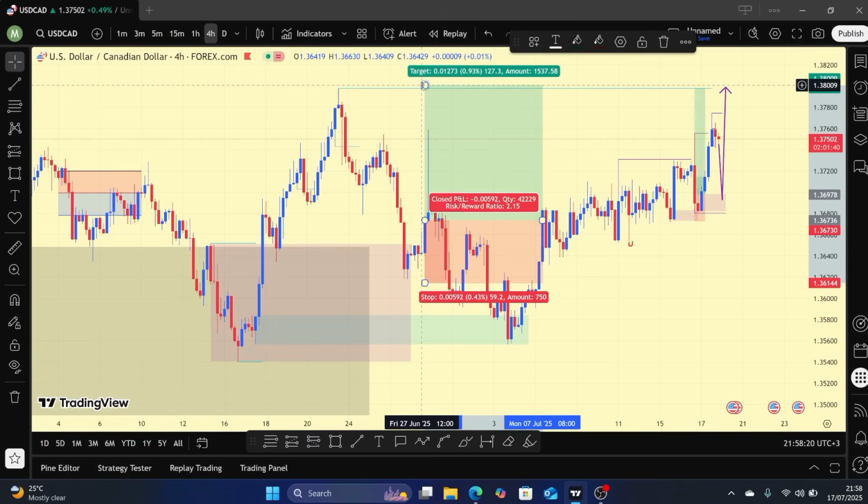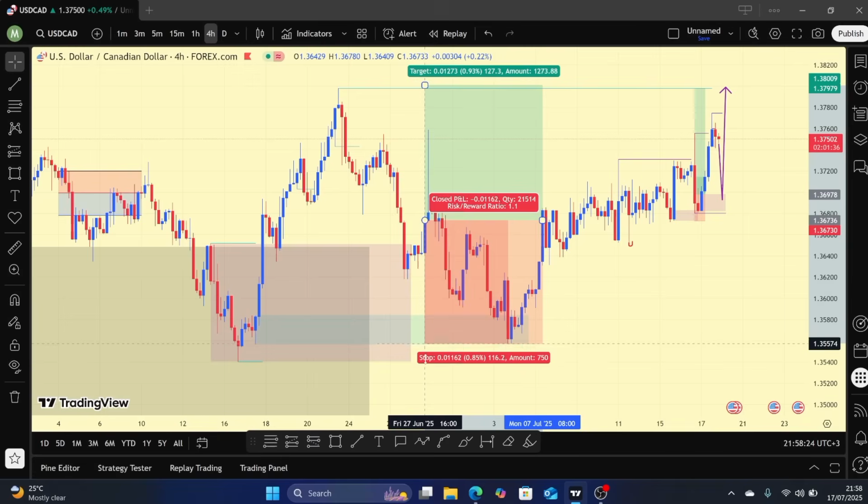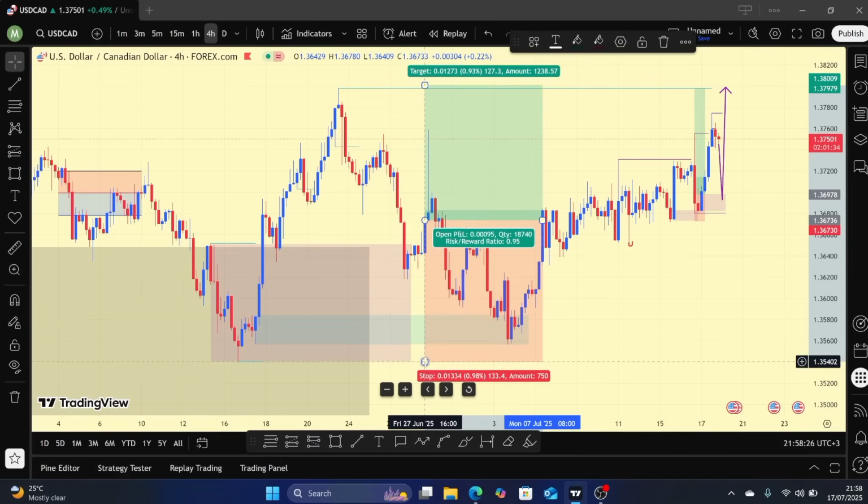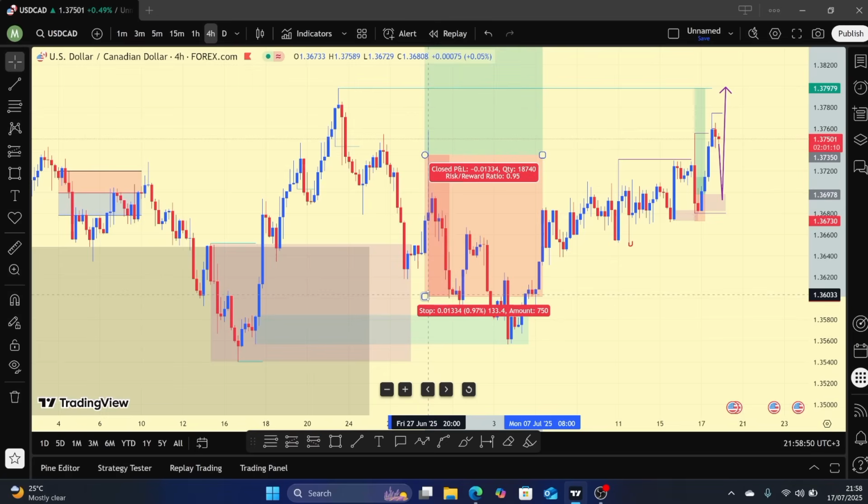Since this here is a lower time frame execution, maybe I will place my sell below there for safety, and then of course target the daily, if I am to use the 4 hour as my lower time frame, and obviously target the daily external liquidity. But let's say I was just in the 4 hour, I will of course place my SL at a reasonable place because of the risk to reward and so on.